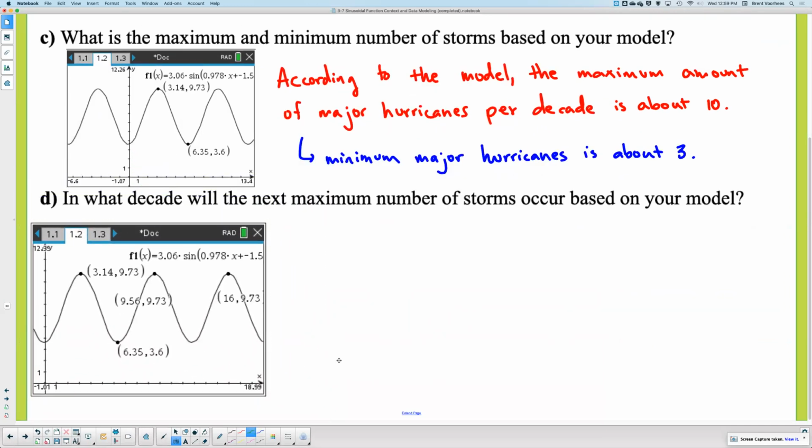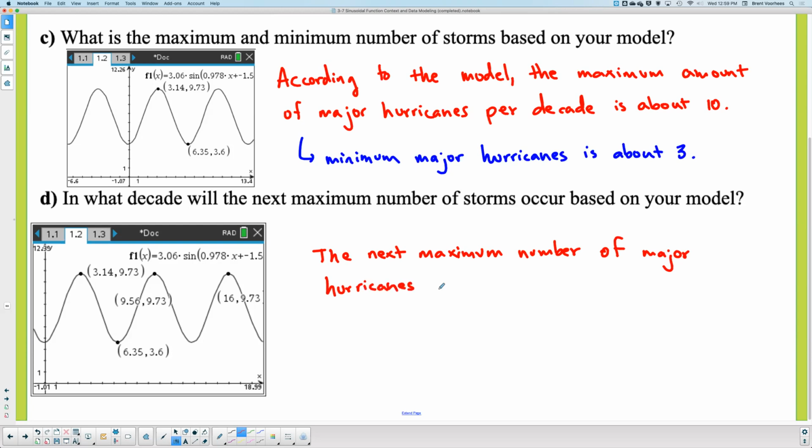The next maximum number of major hurricanes would occur in the 16th decade.